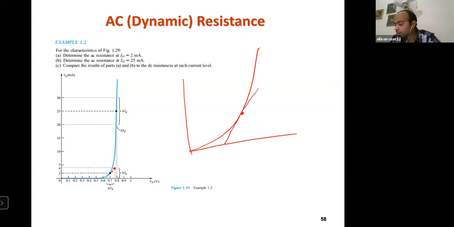On this tangent, either you can take these 2 points and accordingly find delta VD and delta ID. Otherwise someone else may come and take this one and this one to calculate delta VD and delta ID. That's also fine. No problem, because any 2 points you take on this tangent will give you mostly the same result.